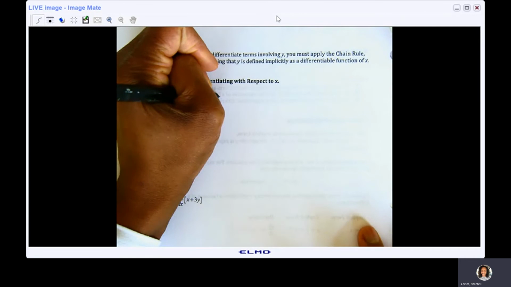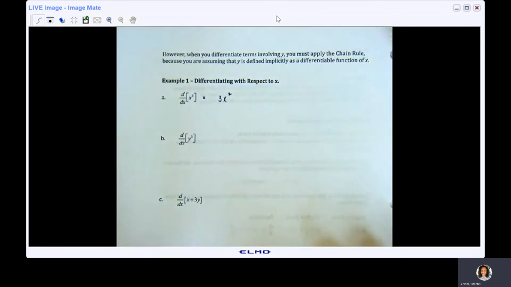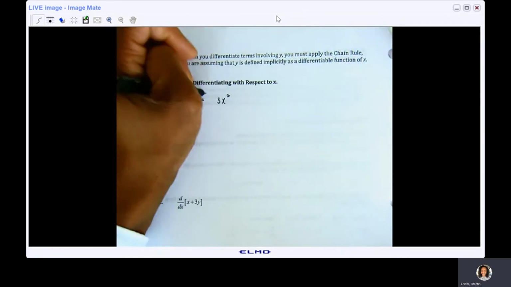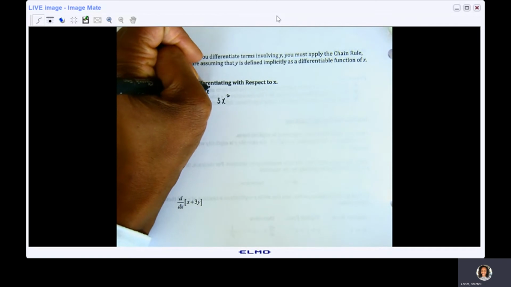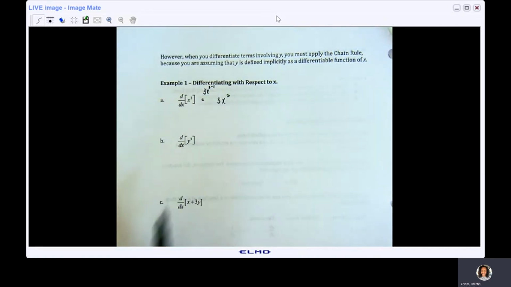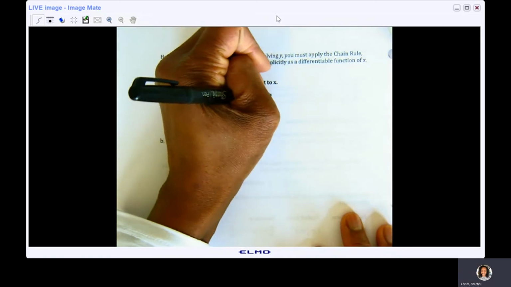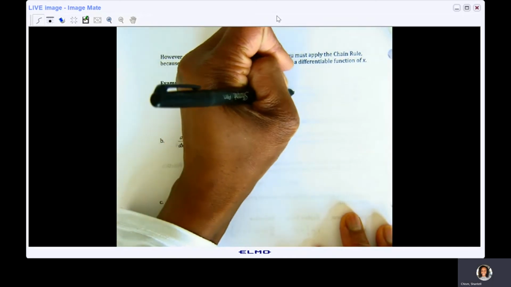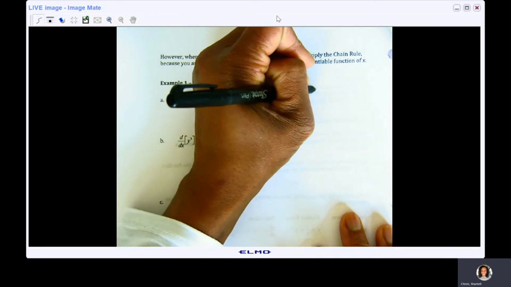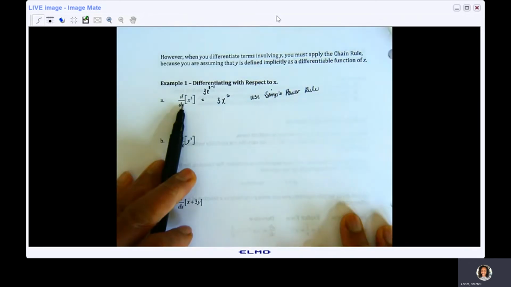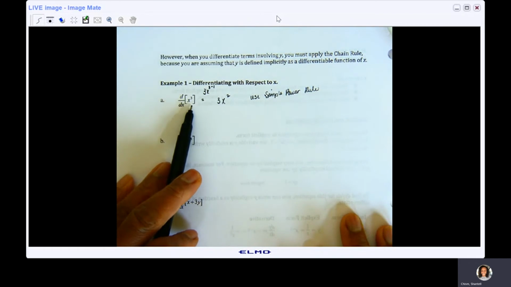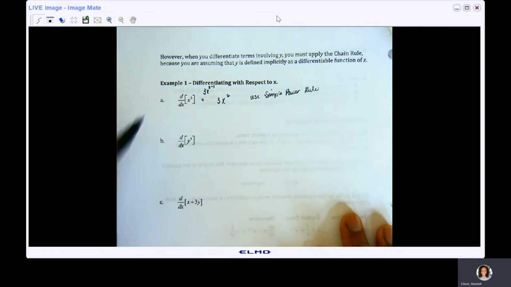We literally just bring down the exponent and lower it by 1, so that's where we get the x squared there. So here we use the simple power rule, and that is again because the variables agree. You're differentiating with respect to x and the function is in terms of x.